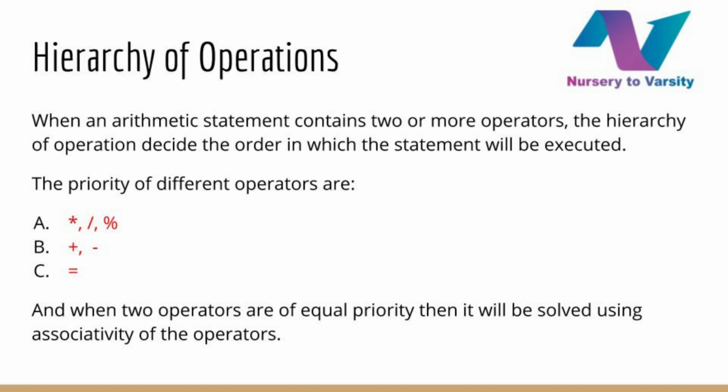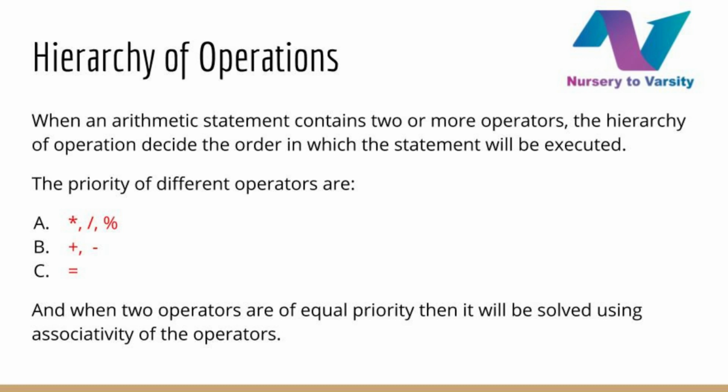And when 2 operators are of equal priority, let's say plus and minus, then it will be solved using associativity of the operators. Associativity can be of 2 types: left to right and right to left. In left to right, we start evaluating our statement from left and move towards right, and vice versa in right to left associativity.